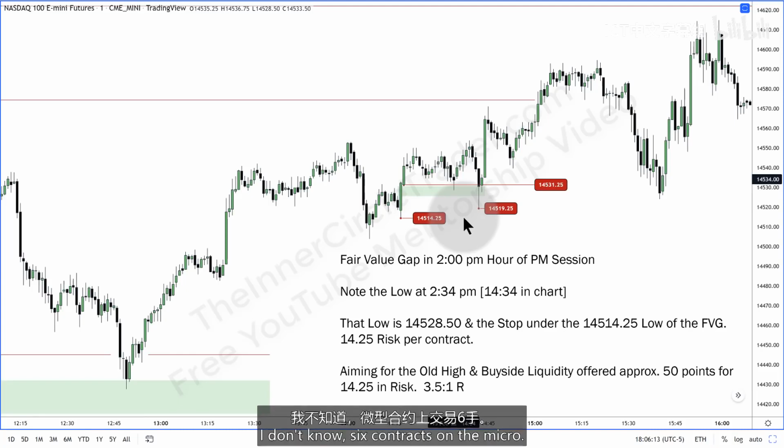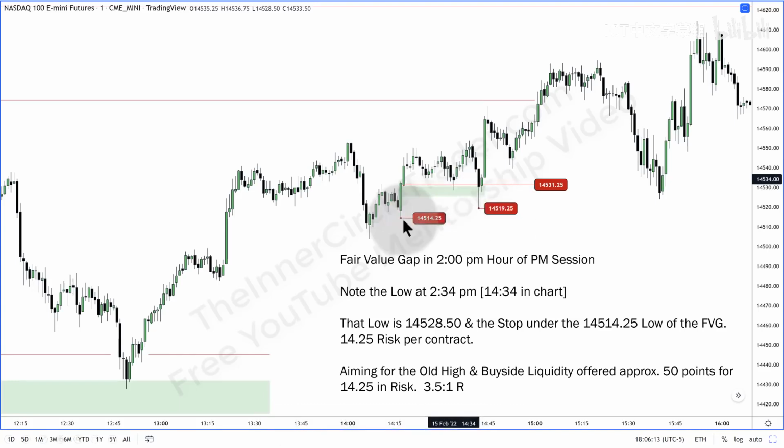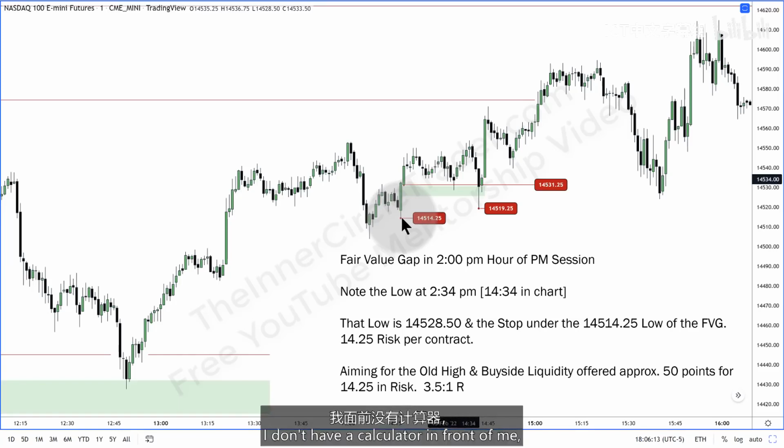And let's assume that you were trading 6 contracts on the micro. You're essentially looking at buying and risking $85 to make about $300. So it's about 3.5 to 1 reward to risk. Thereabouts. I'm roughing. I don't have a calculator in front of me, folks.